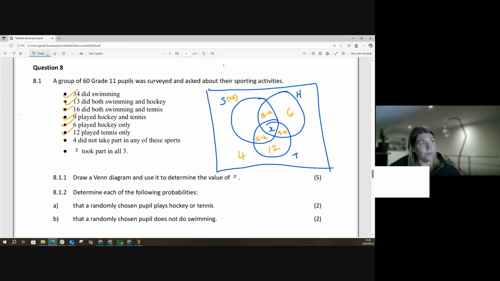So now we have 34 that has to be in total here. We've got 16 and 13, so that gives us 29. So this is going to be 5 minus X plus X.